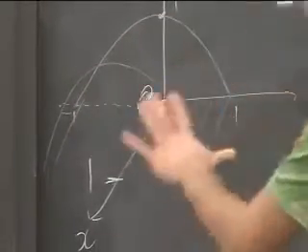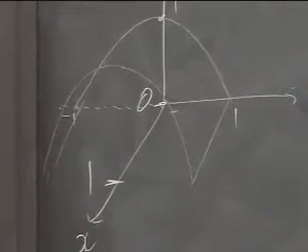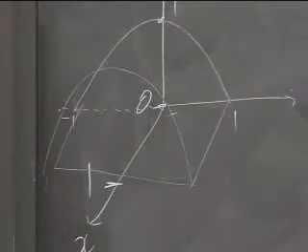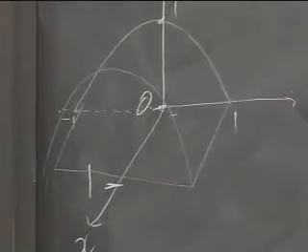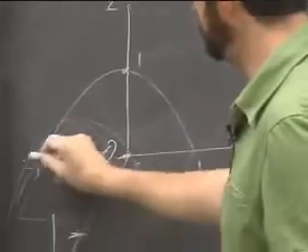You could imagine it keeps going, but you don't actually need to because x only goes from 0 to 1. And then the bottom of the thing is just z equals 0, which is the xy plane. So it's basically a tent.